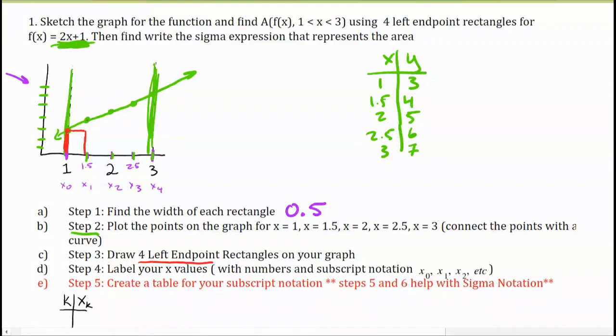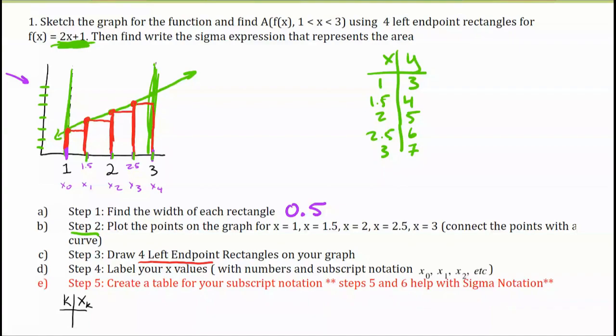My second one, I'm using the second point here, and because it's the left side of my rectangle, straight across and down, straight across and down, straight across and down. If you notice in the red here, I have four rectangles, and the side that actually touches my function is the left side. That's what left endpoint means. If it were right endpoint, then the right side of the rectangle would touch the function.